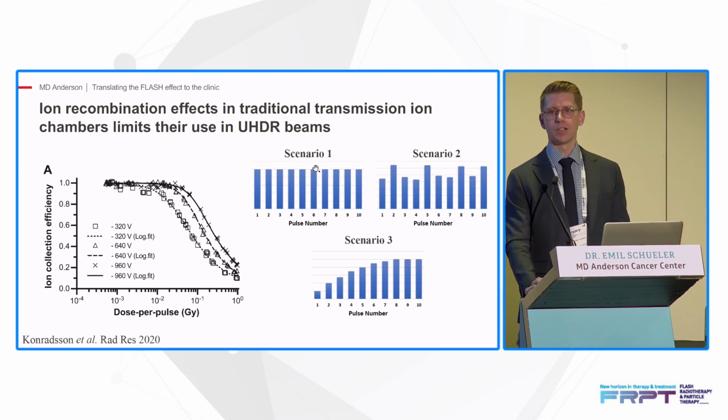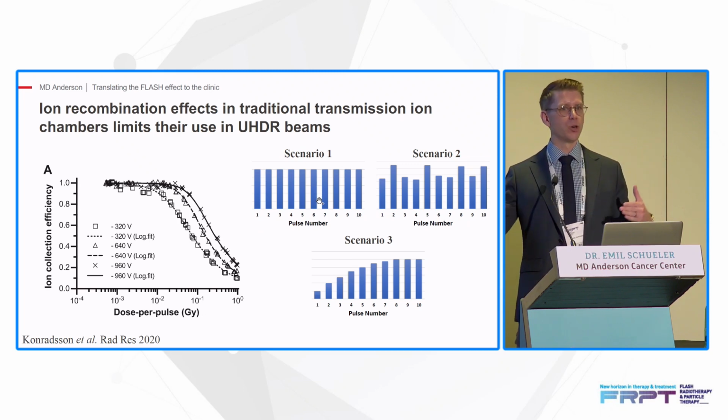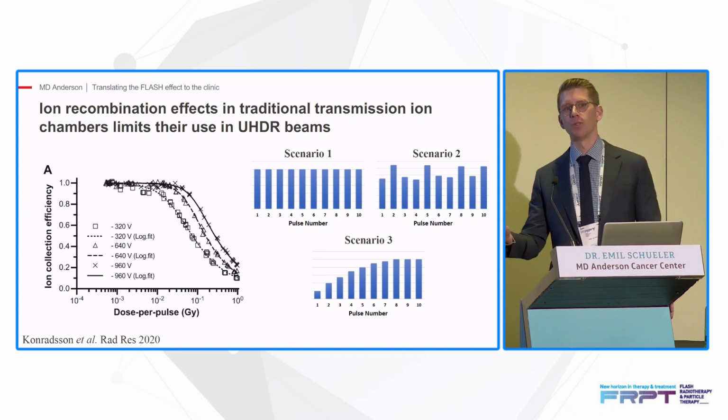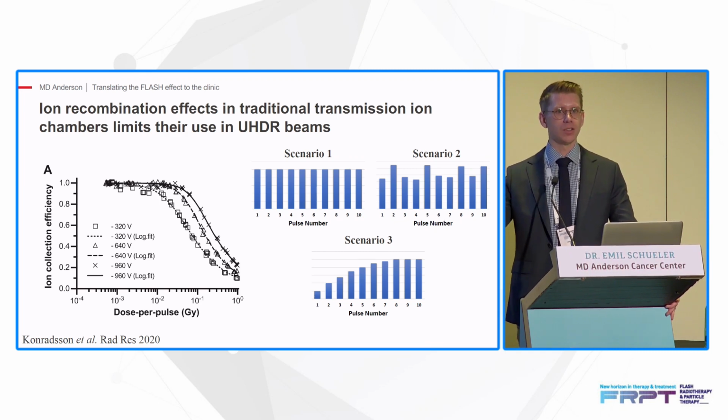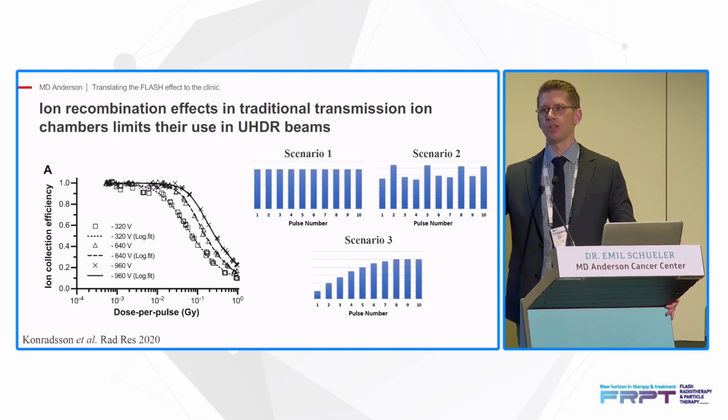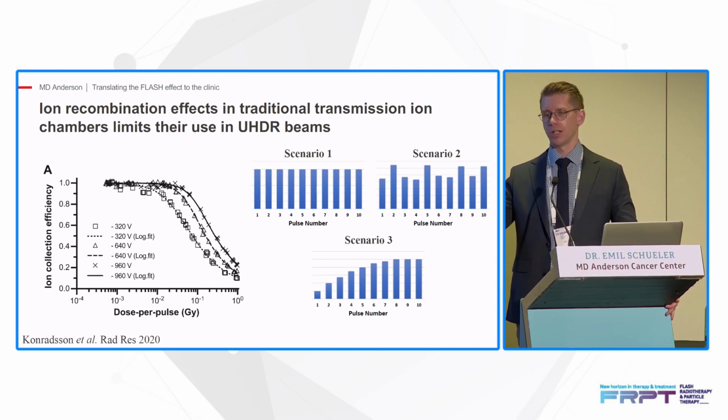That works in a scenario such as scenario 1 here, where you always have the same dose per pulse. But there's no such machine, and so that complicates it. We have scenario 2, where you do have fluctuations in the dose per pulse, which changes the saturation effects in the chamber, and then suddenly you've lost your entire calibration.